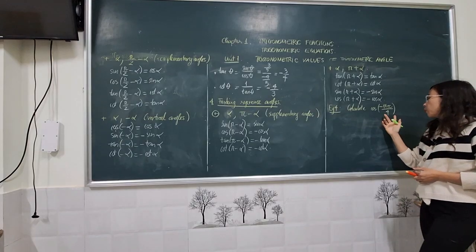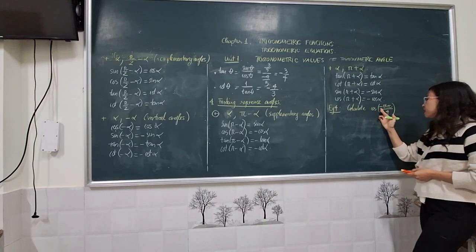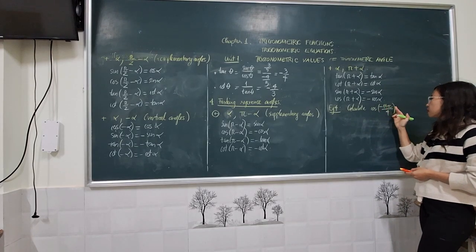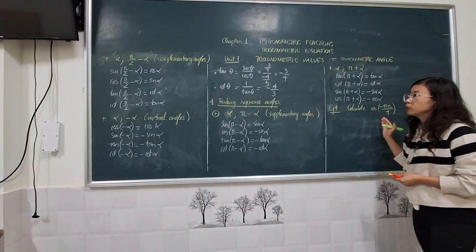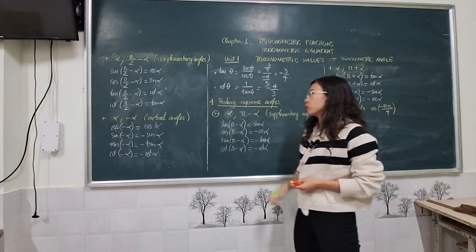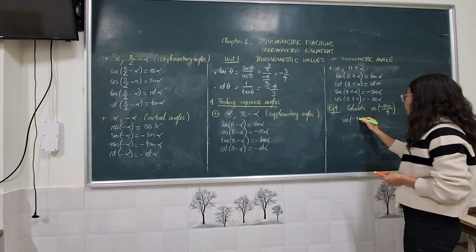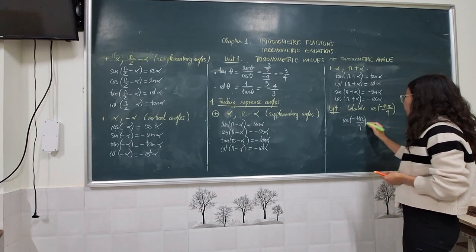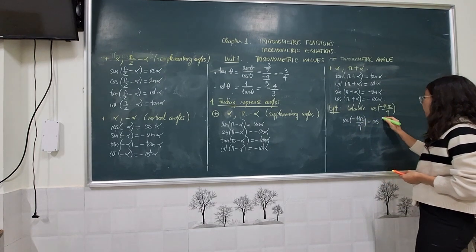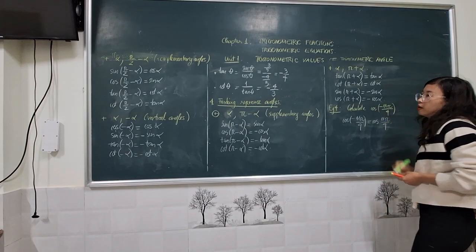Now, take a look at the angle. We have negative 11 pi over 4. So you can use the vertical angle first. We have cosine of negative 11 pi over 4 equals cosine of 11 pi over 4.